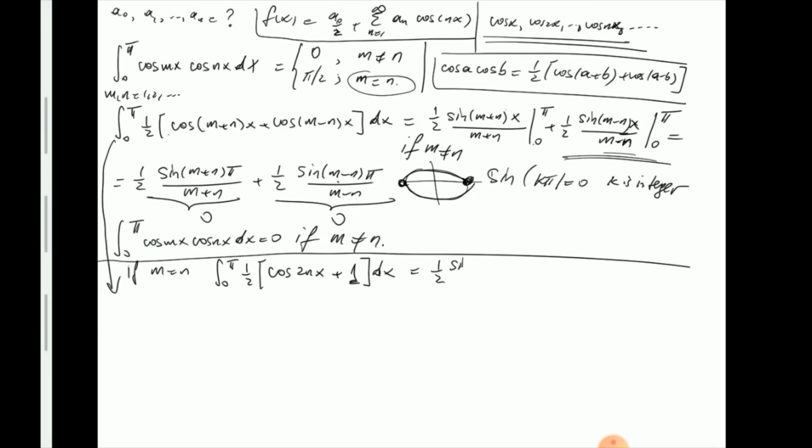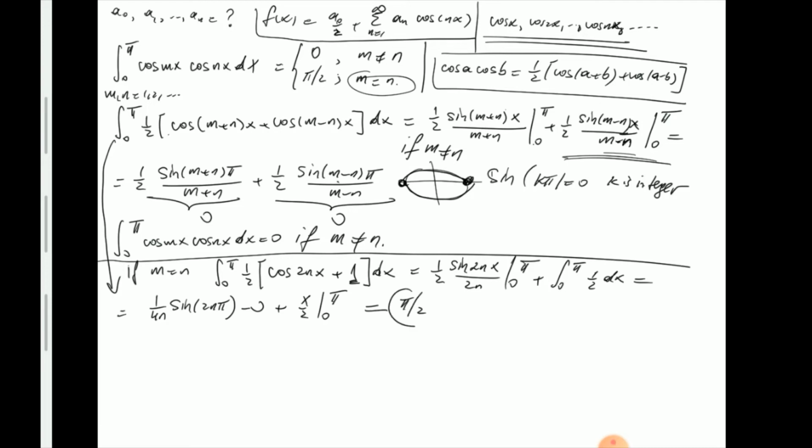The integral is sine of 2nx over 2n between 0 and pi, and then plus the integral from 0 to pi of 1/2 dx. And then this is going to be 1 over 4n sine of 2n pi minus 0. The integral here is going to be 1 over 2 times x, that's x over 2 between 0 and pi. Sine of 2n pi is 0 again, and then x over 2 between 0 and pi is just pi over 2, which proves the second half of the property.